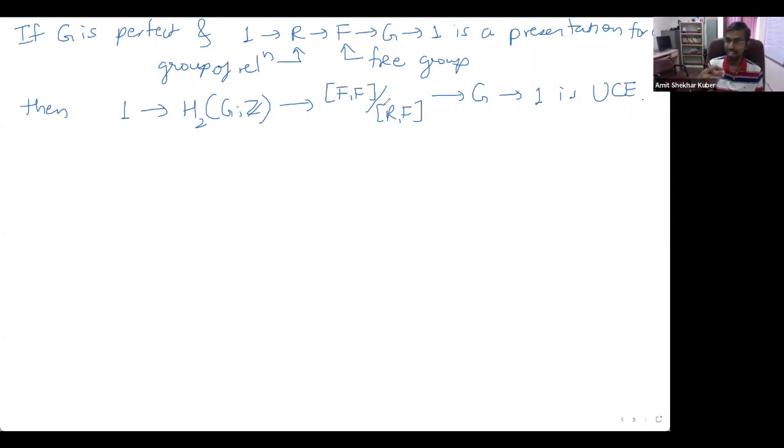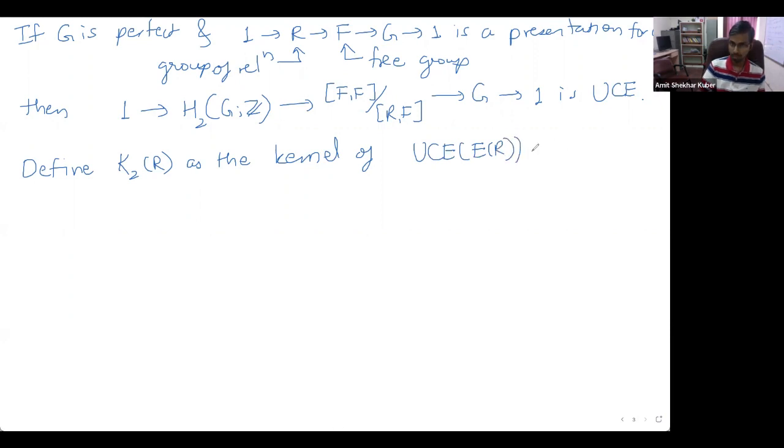So this will be the universal central extension. Well, we still haven't really clarified what its connection with K-theory is. So we define K2 of R as the kernel of the map from the universal central extension of ER to ER.